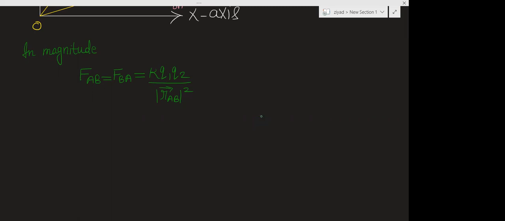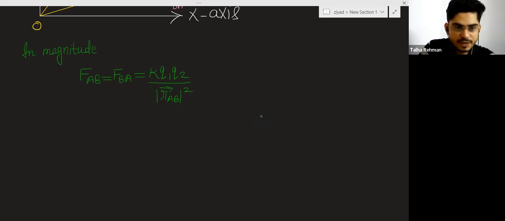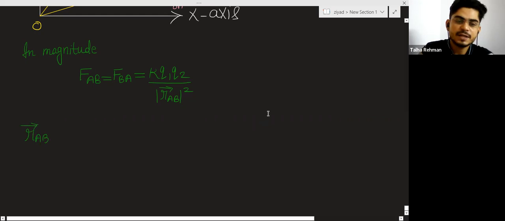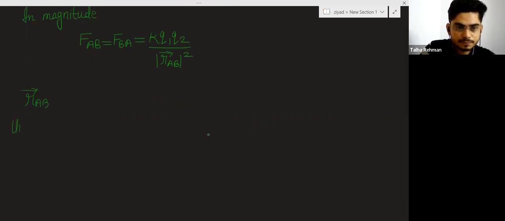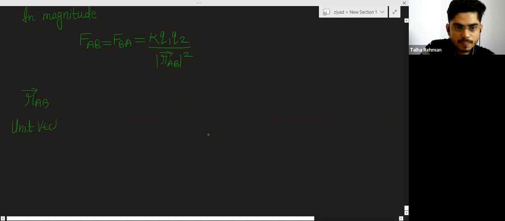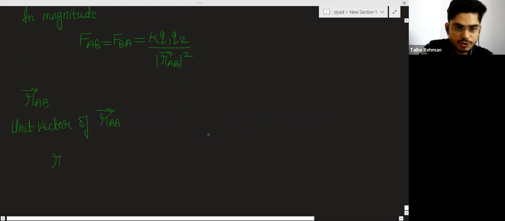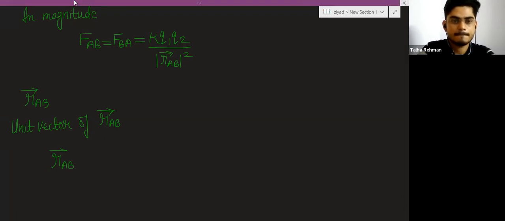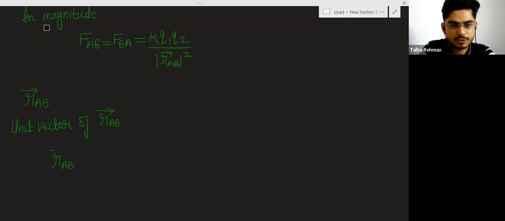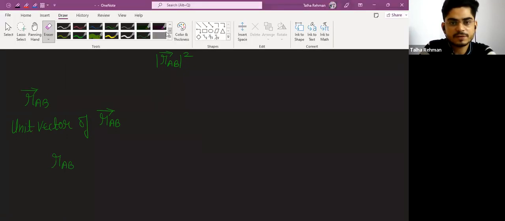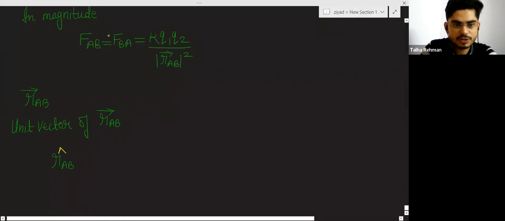And I have told you, suppose we have a vector RAB and we want to find the unit vector of the RAB vector. For the unit vector, the unit vector is represented by a cap on the vector.